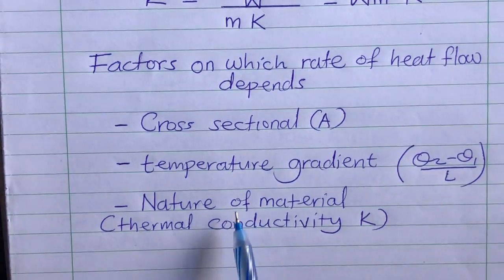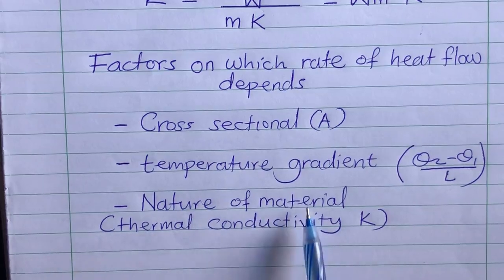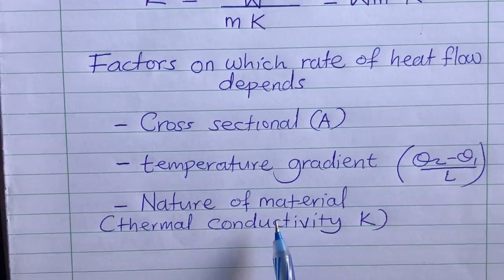And now this is where we get the reason as to why metals having the same mechanism of heat transfer have different rates of heat transfer. It is because of the nature of the material, or the thermoconductivity of the material. Each metallic conductor has its own thermoconductivity.